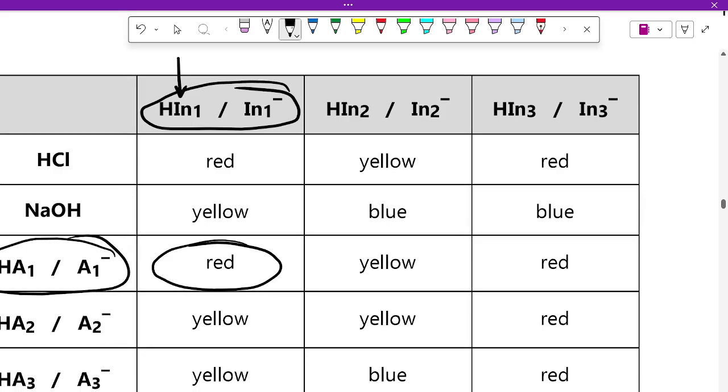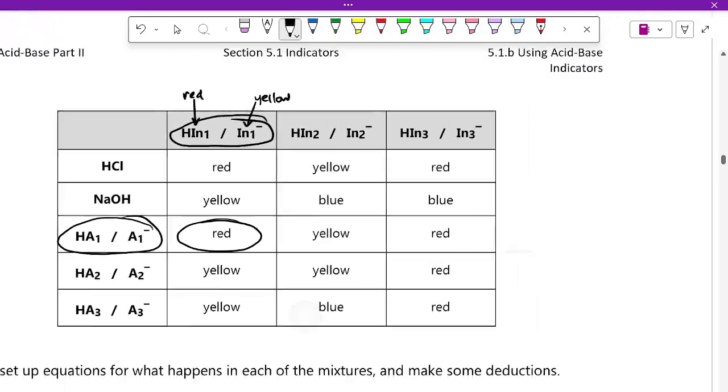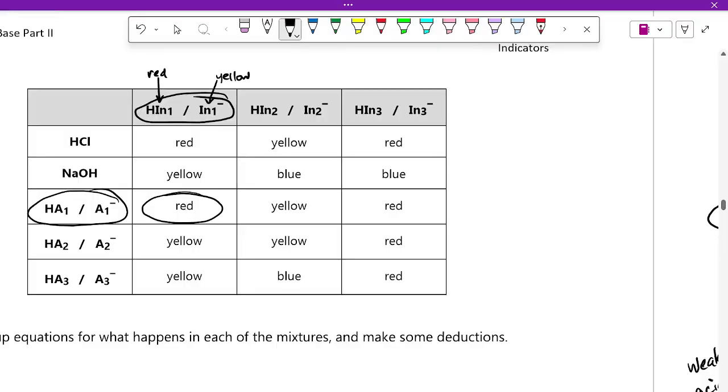HIN1 was red, and IN1 minus was yellow. So if that's the case, and if I have HA1, plus IN minus.